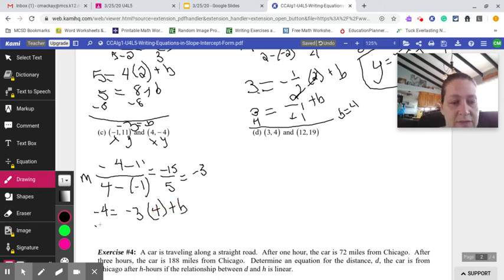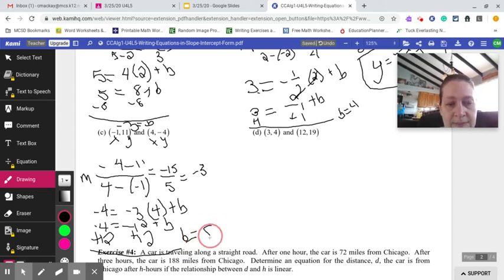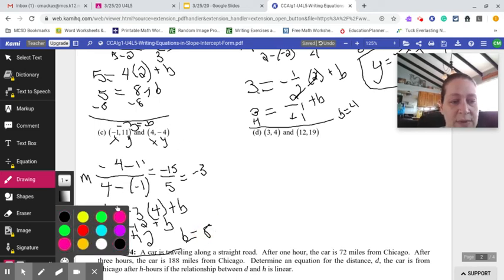Okay, -4 equals -12 plus b. I'm going to add 12 to both sides. Okay, and that gives me b equals 8. Okay, and go ahead and write that in y equals mx plus b format.